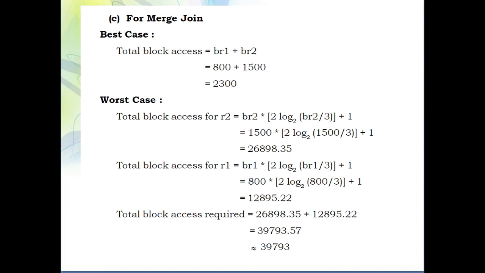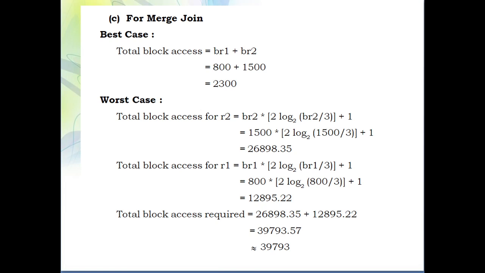So if you see, for nested loop join, block nested loop join, and merge join, the formula for the best case is the same, br1 plus br2, so their value is the same. But that value changes in the worst case scenario. In the worst case, the number of block accesses required for nested loop join, block nested loop join, and merge join is different.